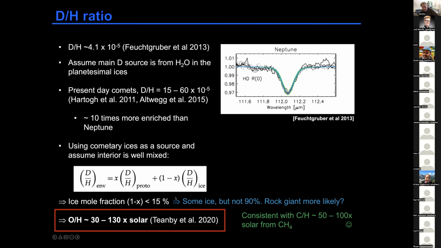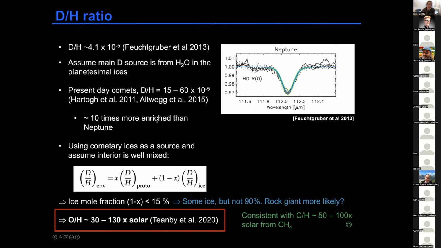Of course, this assumes that all these ices are really nicely mixed in the interior and everything's homogeneous and it's all reached equilibrium, which we're not sure is the case or not. It is possible that as you go deeper into Neptune's atmosphere, D could be more enriched, in which case we could use these ices.